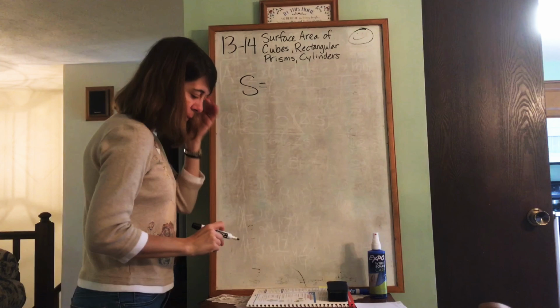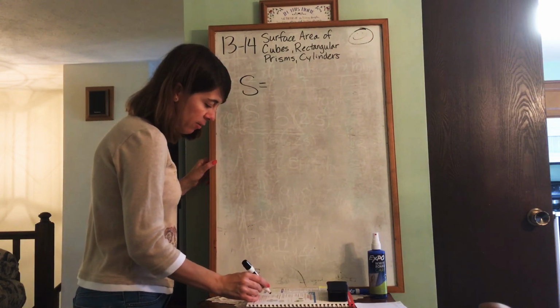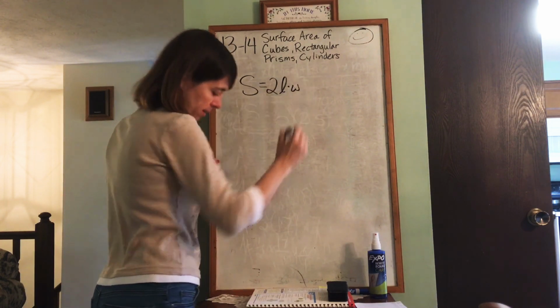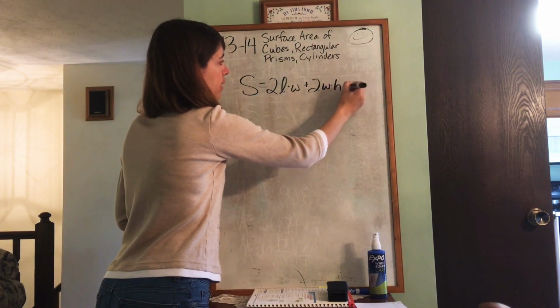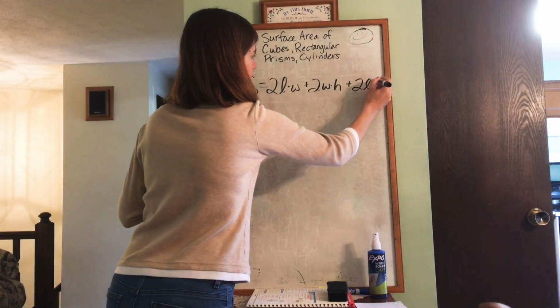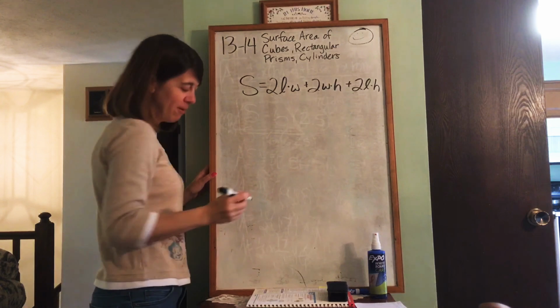In the next red outlined box, it says surface area of a rectangular prism, S equals 2 times length times width, plus 2 times width times height, plus 2 times length times height, sorry. Double checking myself on that one.